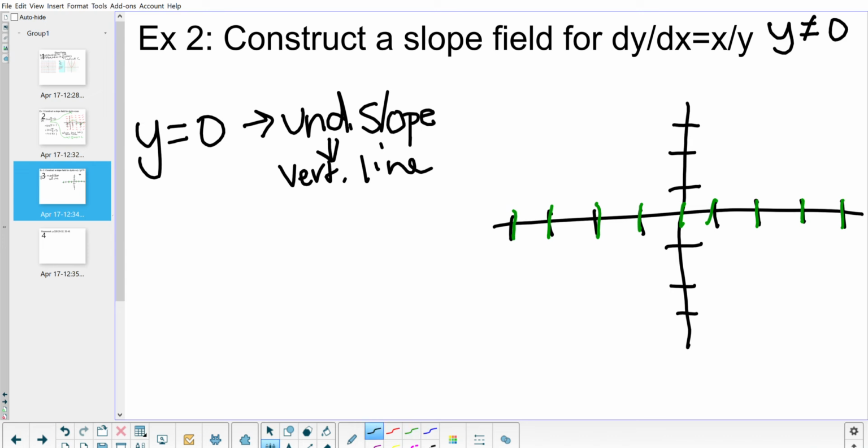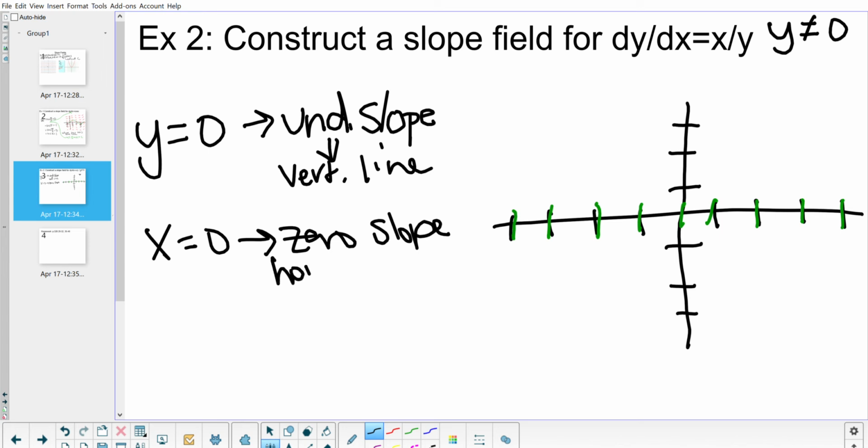Okay, what happens if x equals 0 then? If x is 0, that's the numerator, that means we have a 0 slope, which means a horizontal tangent line. Horizontal line.